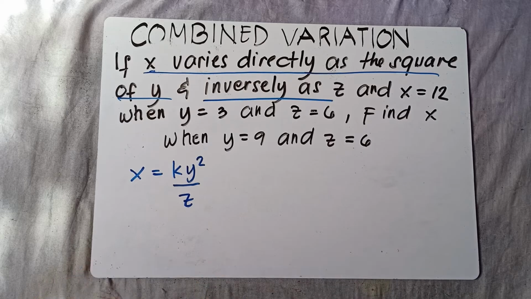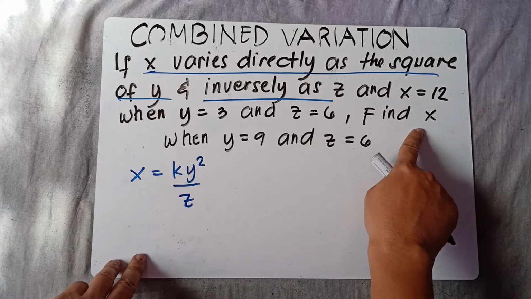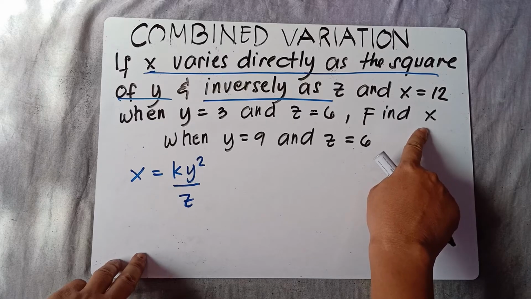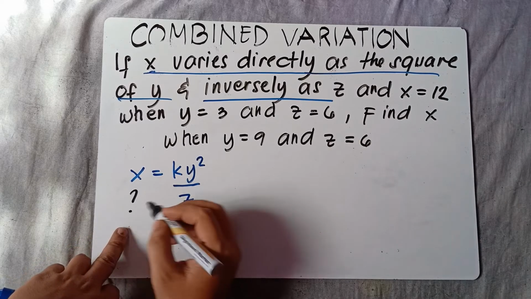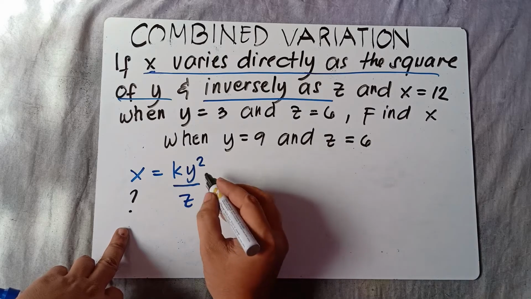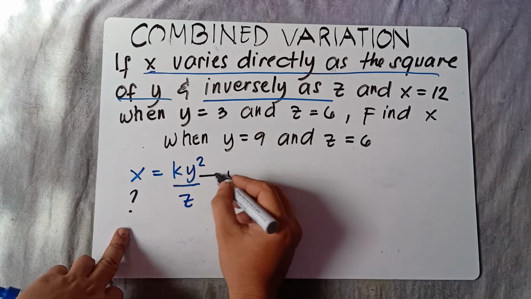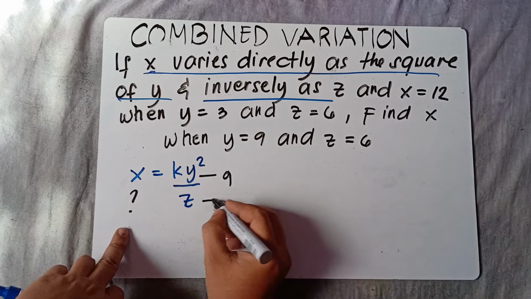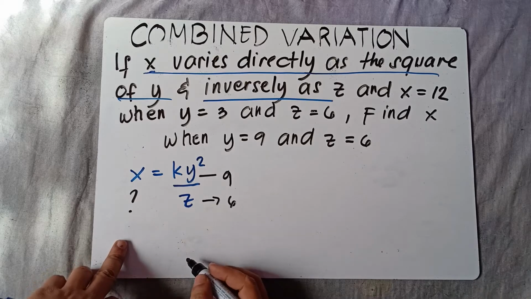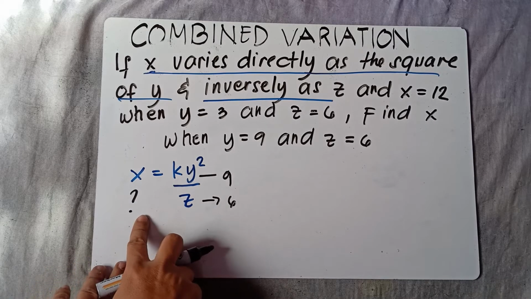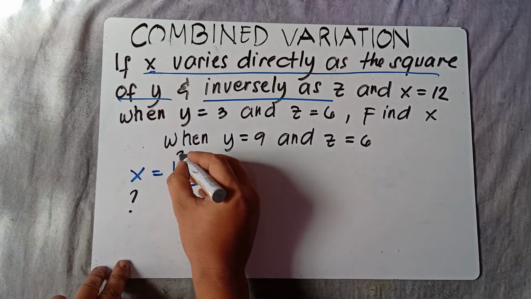Now you are told to find x when y is 9 and z equals 6. So you have the value of y, which is 9, and z equals 6. But you cannot find x because you don't have the value of k.